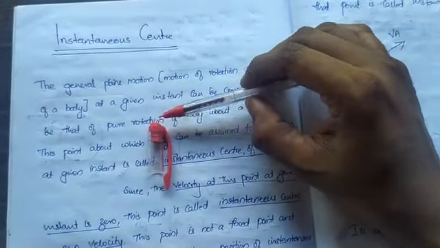Now we are going to solve the same sort of problems, such that this motion, which is translation as well as rotation, is taken as a pure rotation with respect to a point, and that point is called the instantaneous center.